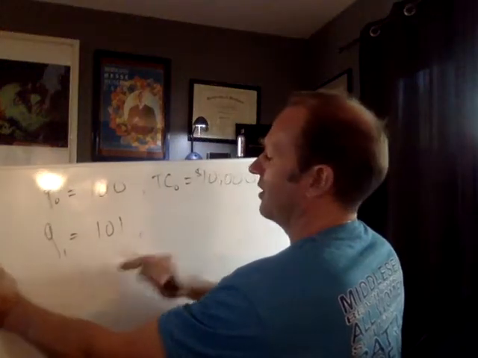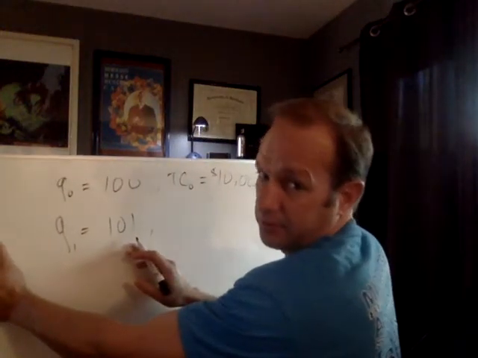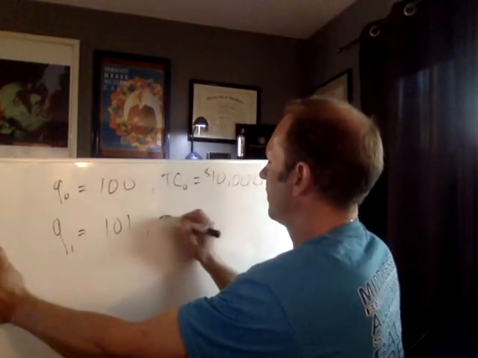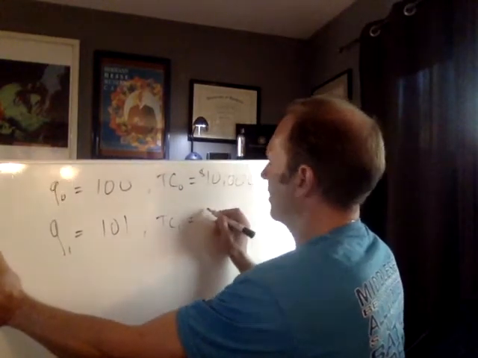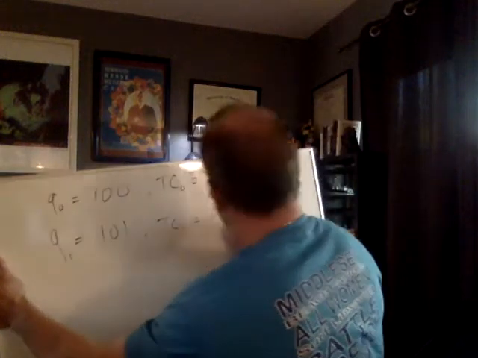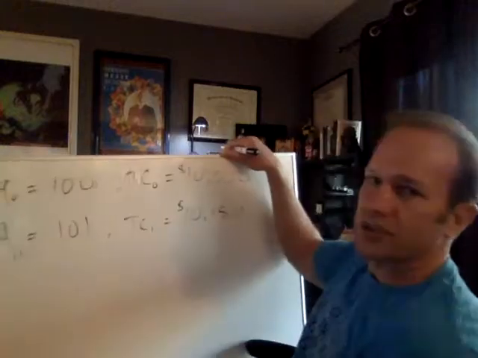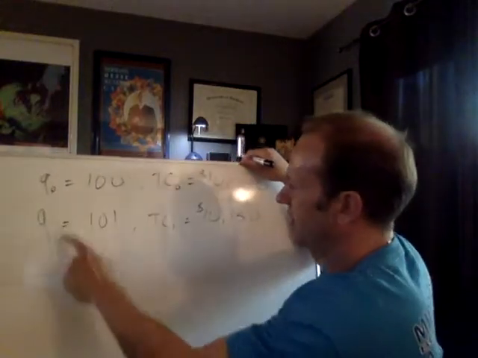And if we make this other unit of output, the total costs rise and become $10,150. So the question is, what is the marginal cost of this unit of output?